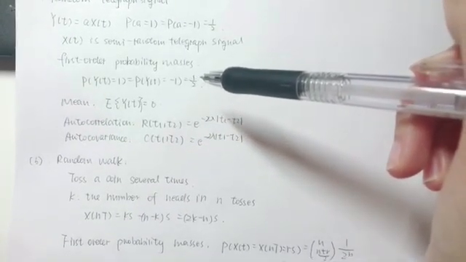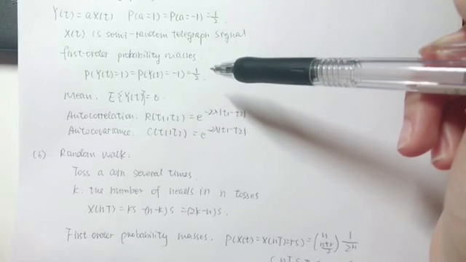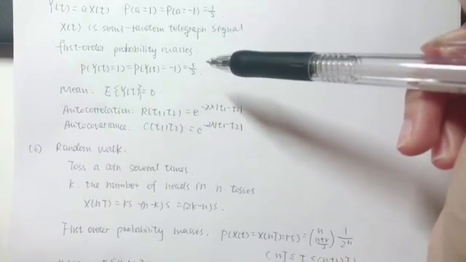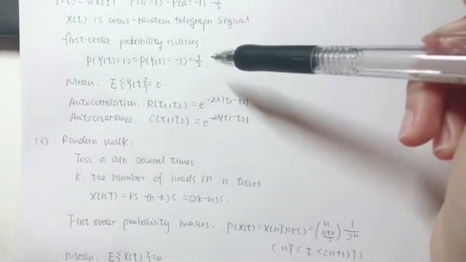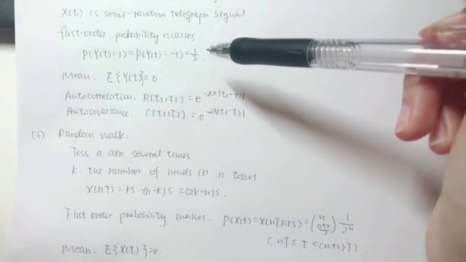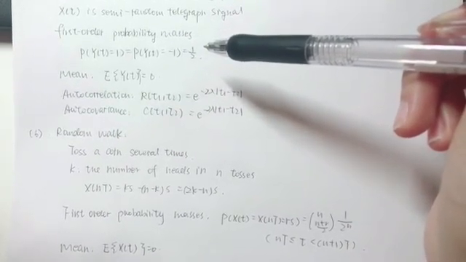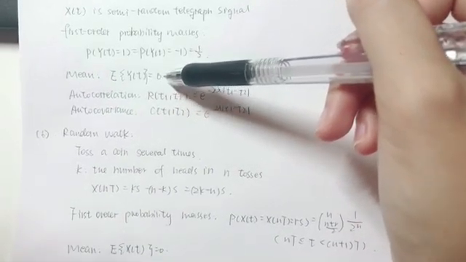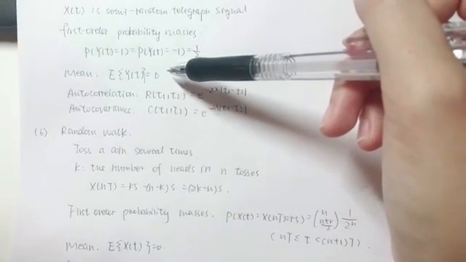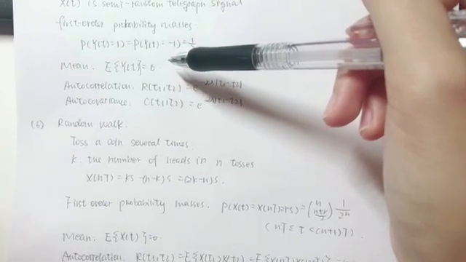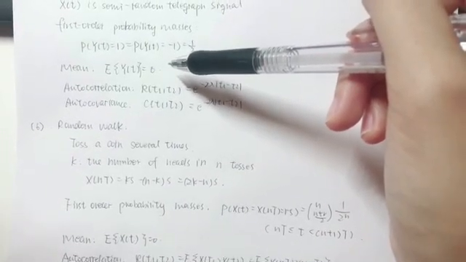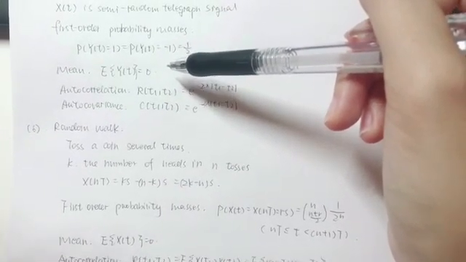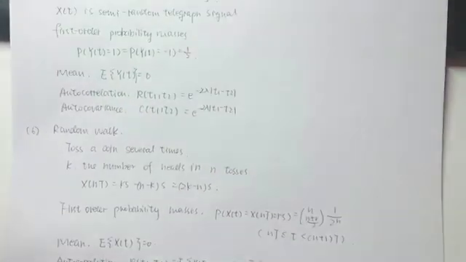This shows that y of t might be strict sense stationary, and also the expectation of y of t is a constant. That might let us think the process might be an SSS.